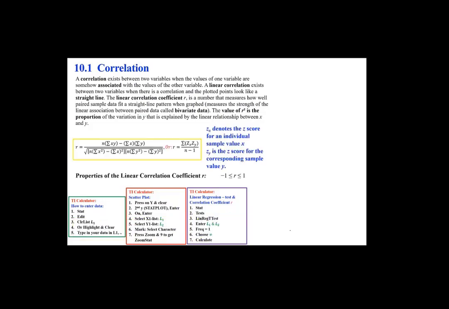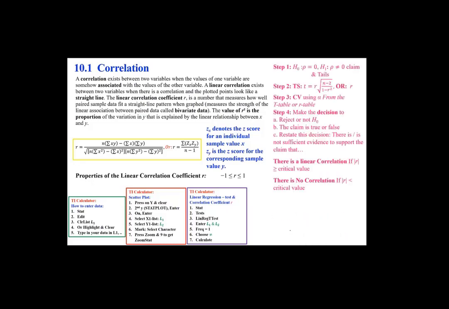Now, obviously, this is the formula. You've seen it before. The properties: R is between negative and positive 1. And as you recall, these are the steps involved when we do the test of hypothesis. We write H0 and H1, we come up with the test statistic and critical value, and we make a decision.